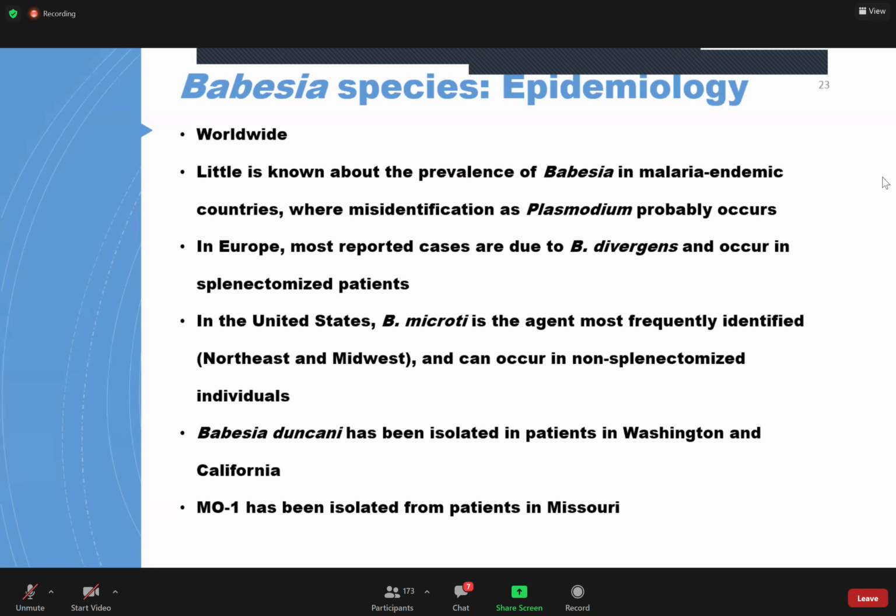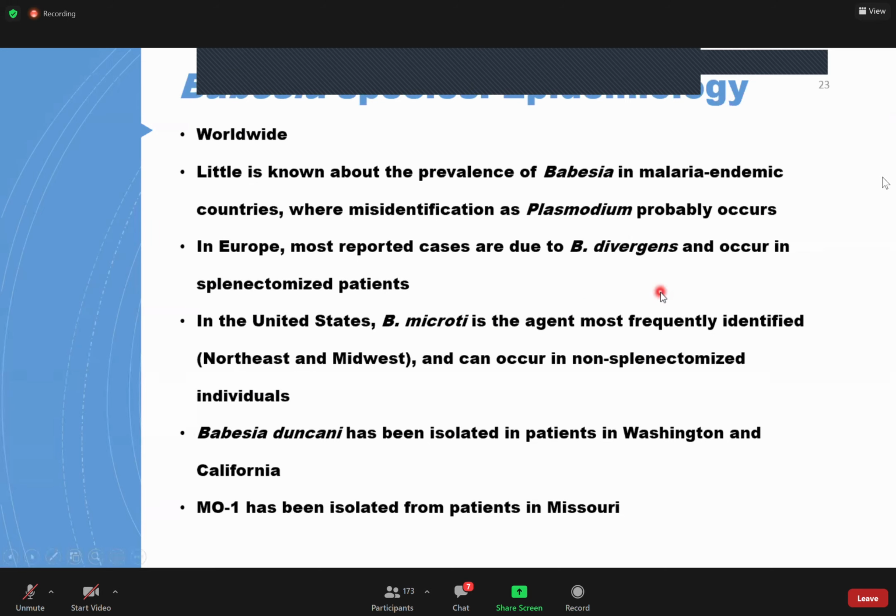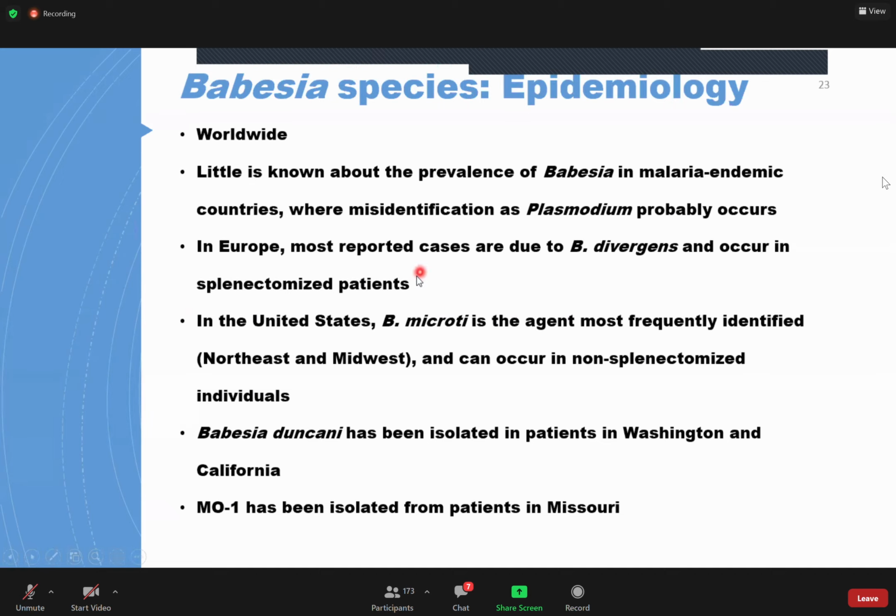In Europe, most reported cases are due to divergens, and when a patient is splenectomized, that is, the spleen has been removed, it increases the risk of infection and also the devastation of the resulting disease.